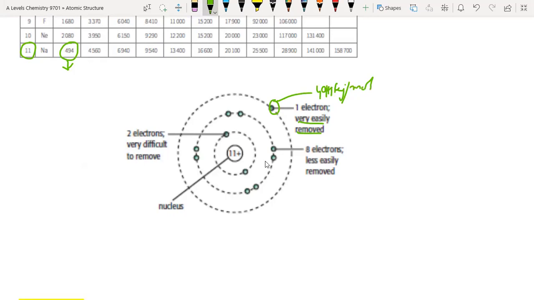Similarly, the 8 electrons in the second shell will require more energy than the first. It means there would be a large gap between the ionization energies for the first and second.